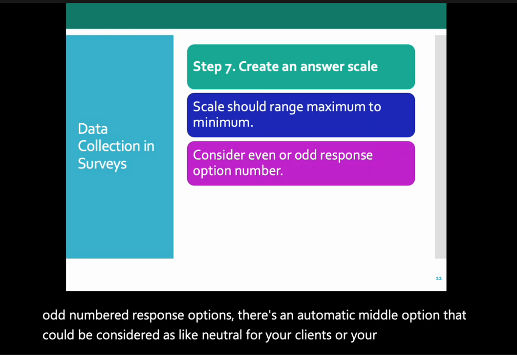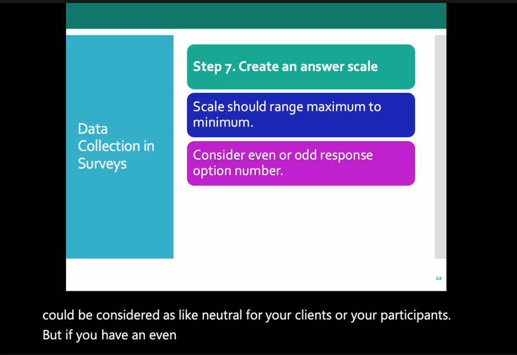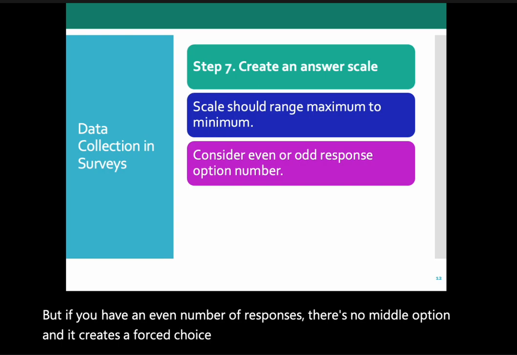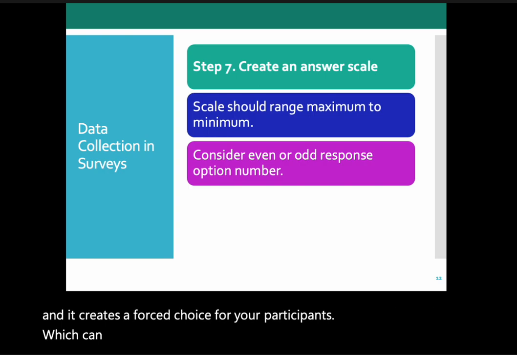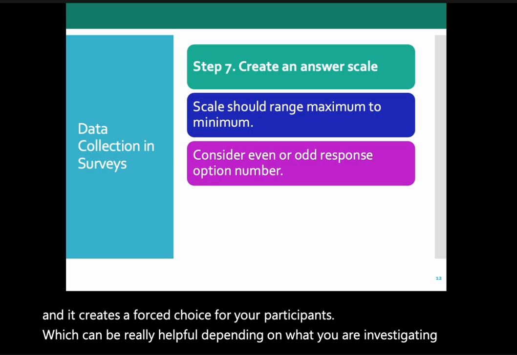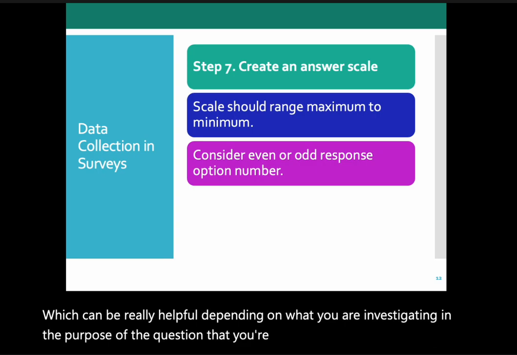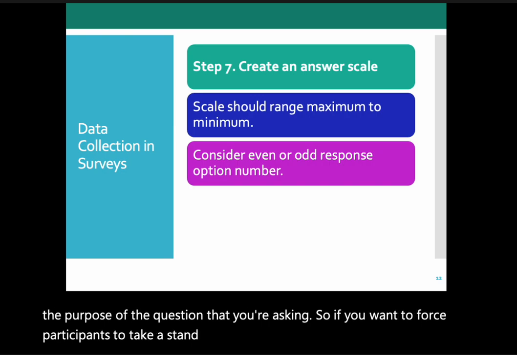But if you have an even number of responses, there's no middle option, and it creates a forced choice for your participants, which can be really helpful depending on what you are investigating, and the purpose of the question that you're asking. So if you want to force participants to take a stand, have an even number of options available to them.